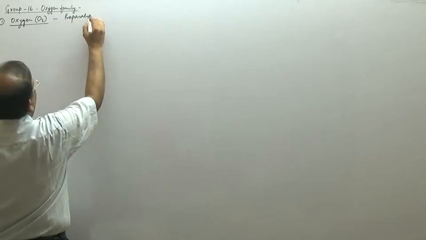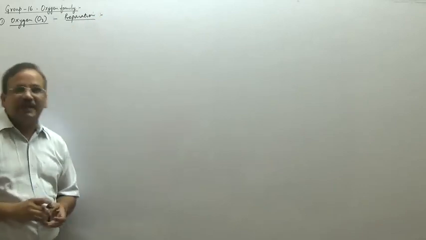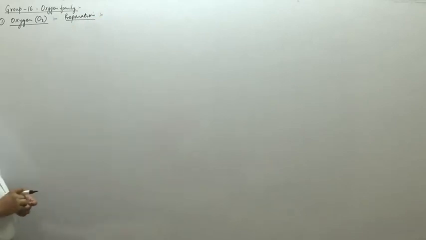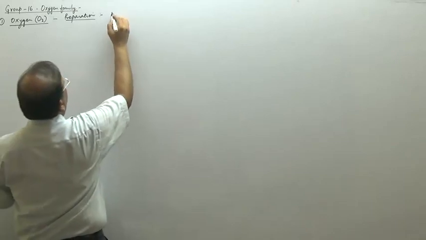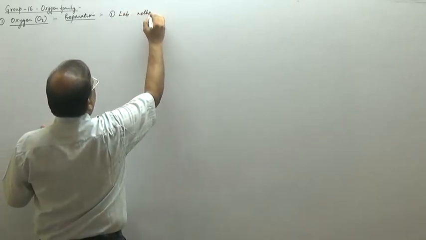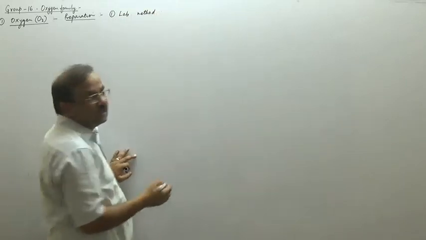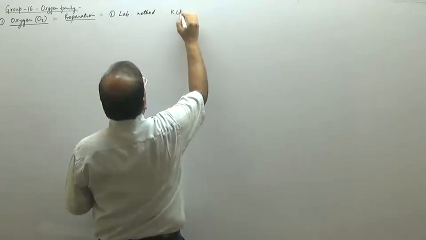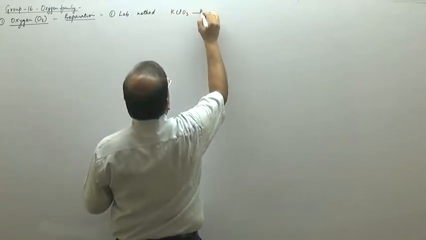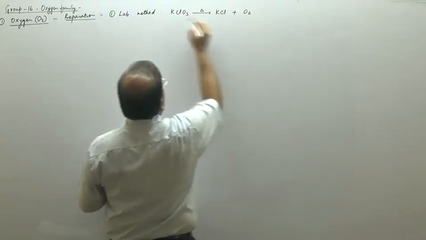First we can discuss the laboratory preparation method. The lab method for the preparation is by the decomposition of KClO3. When it gets decomposed, it is converted into KCl and O2 is liberated.